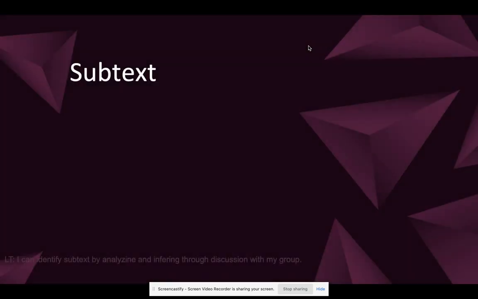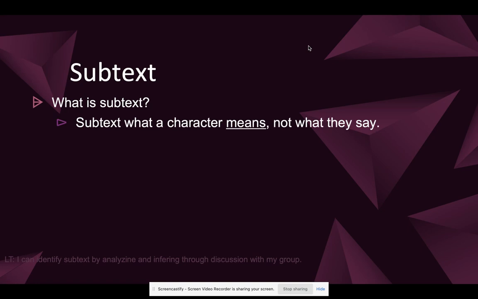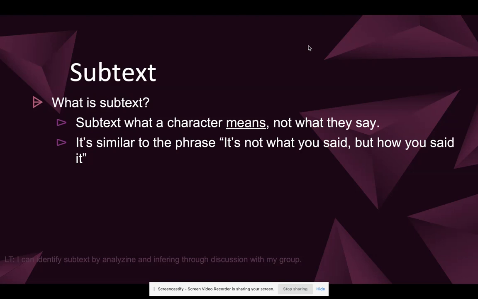All right, so let's talk about subtext. Subtext is what a character means, not what they say. So it's what they're referring to when they say something. Maybe they have a double meaning. Maybe you can hear their words are saying one thing, but their tone of voice says another, right? So it's kind of like not what you said, but how you said it.